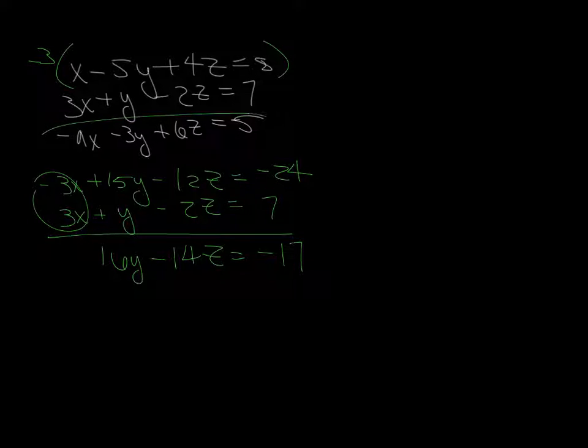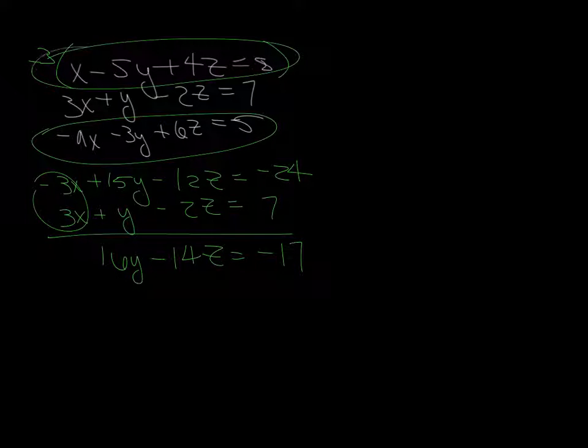So let's look at this one and this one. So we're going to take the top one, we'll do this one in red, and we'll multiply it by 9 so that it matches that one. 9x minus 45y plus 36z equals 72.